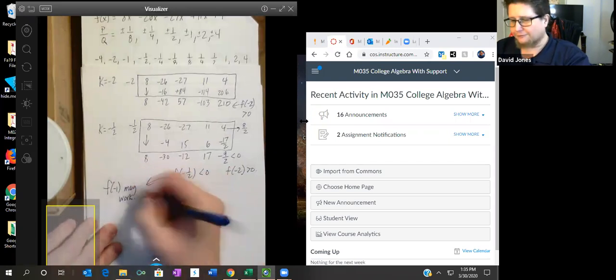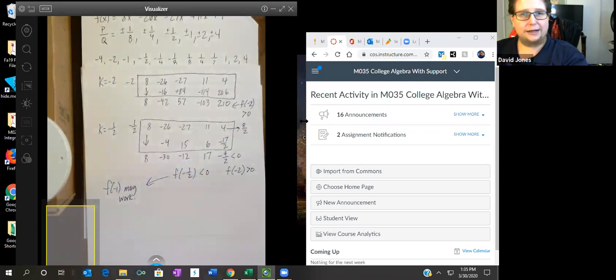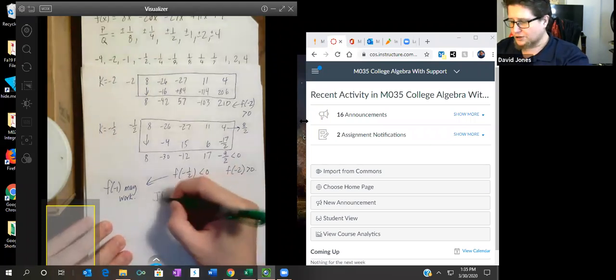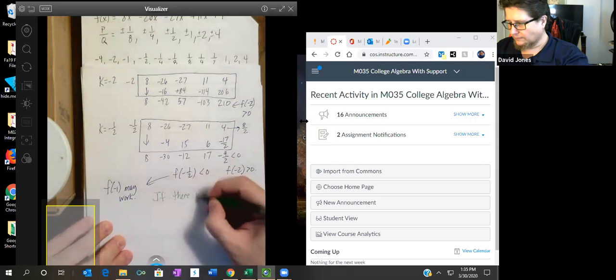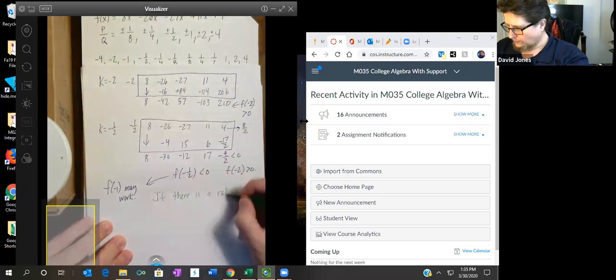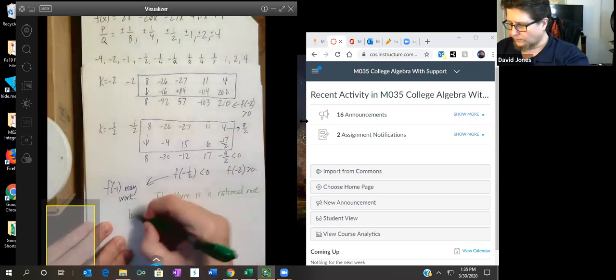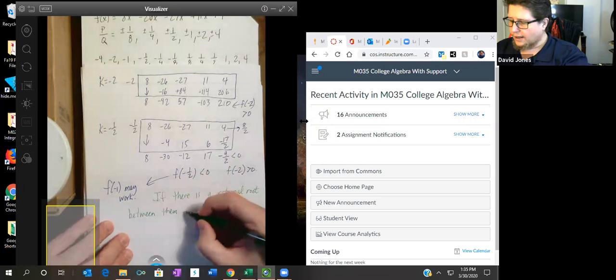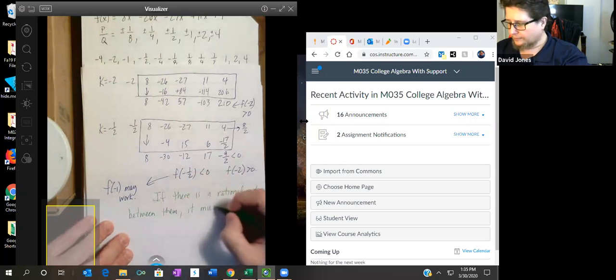If there's a negative root in between -2 and -1/2, it's got to be -1. So if there's a rational root between them, it must be -1.